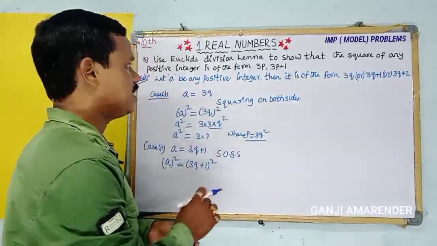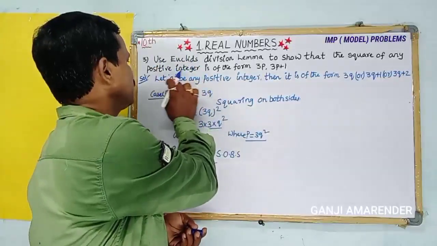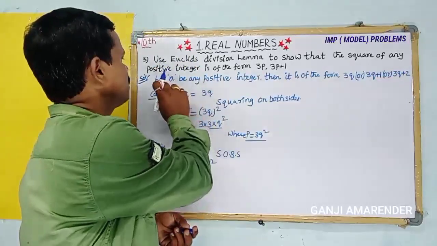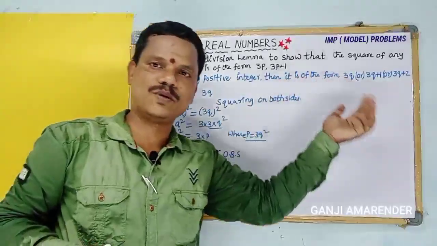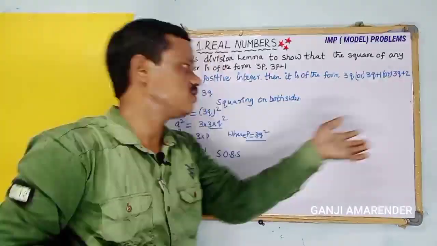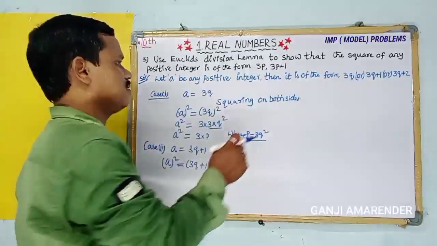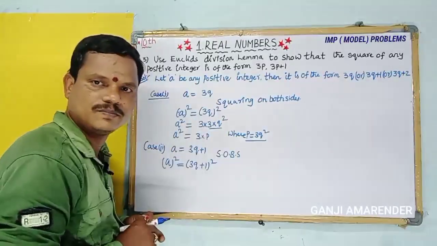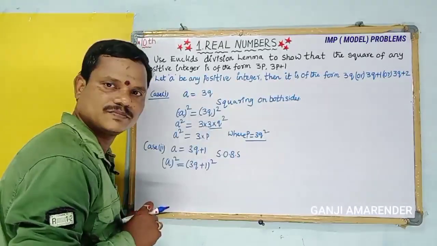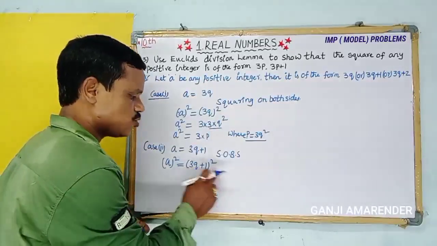Okay, now here we know that any positive integer is in the form of 3q plus 1, 3q plus 2. So from that, case 2: a is equal to 3q plus 1, squaring on both sides. Okay, a square is equal to 3q plus 1 whole square.